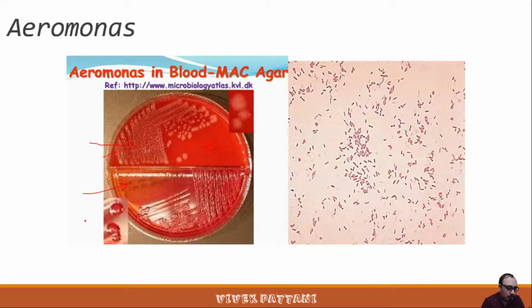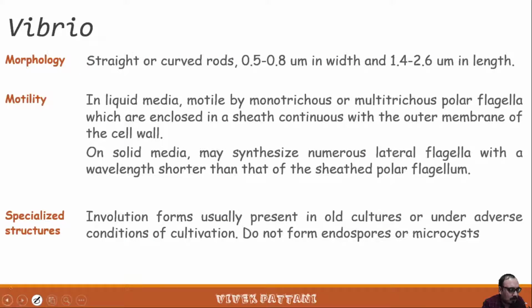And this one is a staining of Aeromonas. Now moving to the next bacteria, which is Vibrio. As the name itself says, they are vibrioid in shape, and sometimes they are straight. Motility in liquid media is by means of monotrichous or multitrichous polar flagella, enclosed in a sheath continuous with the outer membrane cell wall.